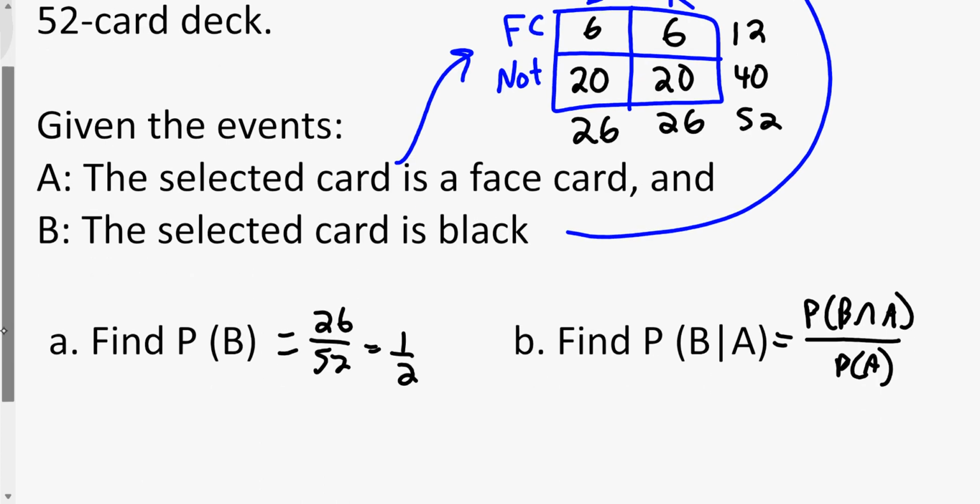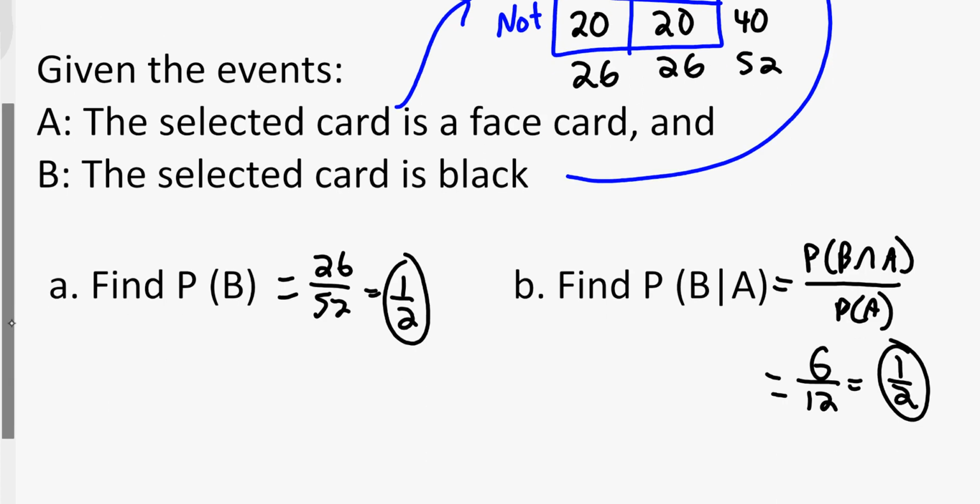And we can figure those out. The probability of B and A, so black card and face card, that's 6 out of just the face cards, which is 12. So that would be 6 out of 12, which happens to be 1/2. They are the same. Because it's 1/2, we know it's going to be the same for anything else.